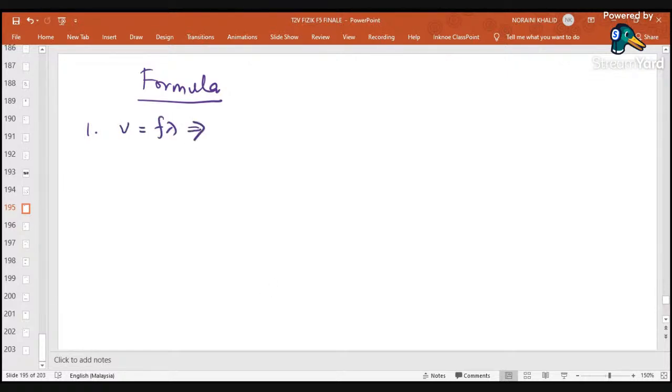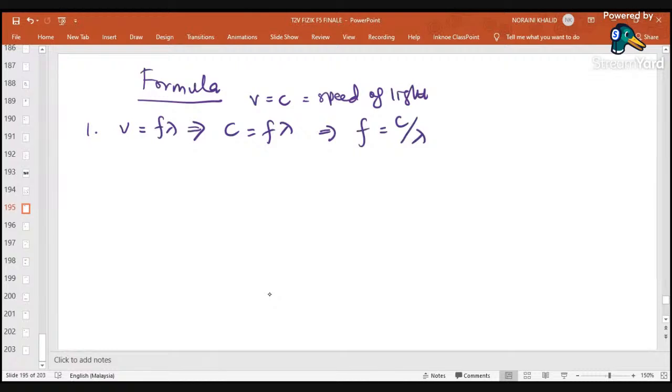Because, for example, visible light or the electromagnetic wave spectrum all travel with the speed of light, thus v equals c, speed of light. Okay, so you will get c equals f lambda. So from here you get f equals c over lambda.